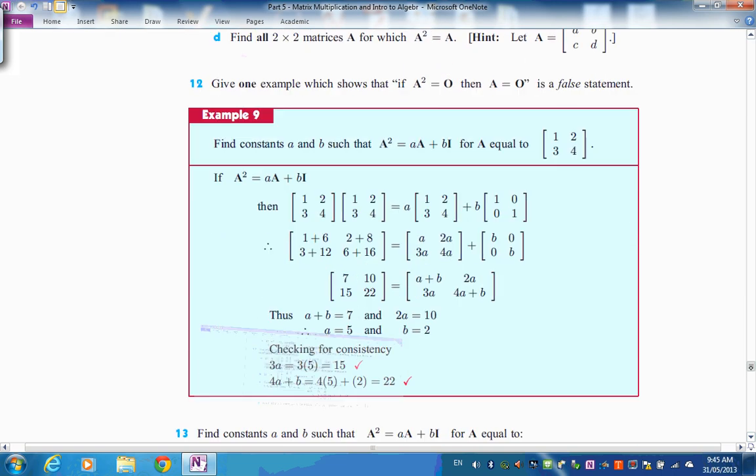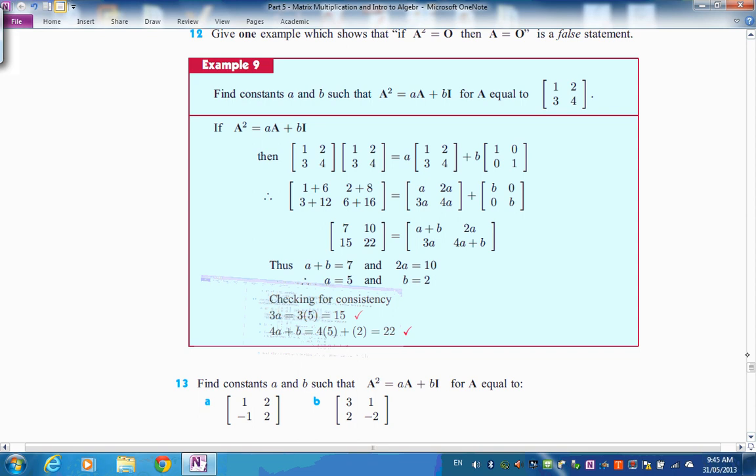Here we go. So let's have a look at example 9. Find constants A and B such that A squared equals A times A plus B times I, where A is that. So let's work out what A squared is, times it by itself. If we do that, coming down the left-hand side, we get that.